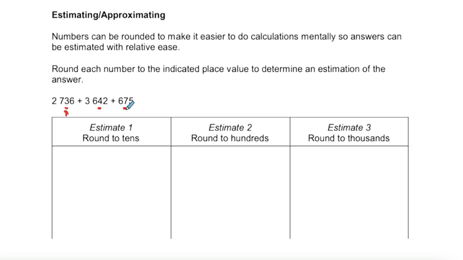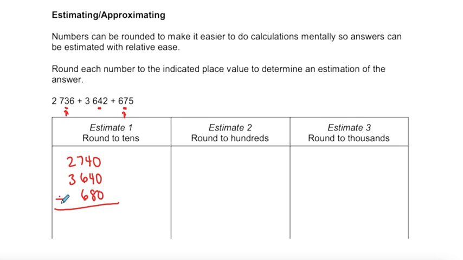And in the last number, because the number to the right is a 5, I have to round that 7 up to an 8. So this becomes 2,740 plus 3,640 plus 680. So I made sure that I rounded up the first and the last number.